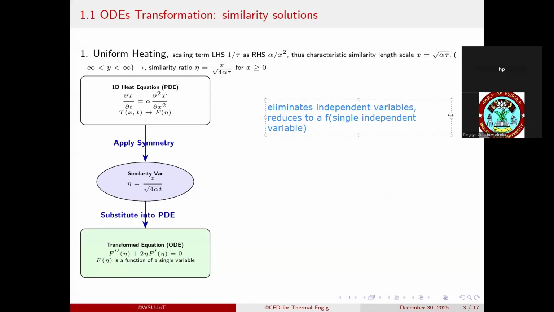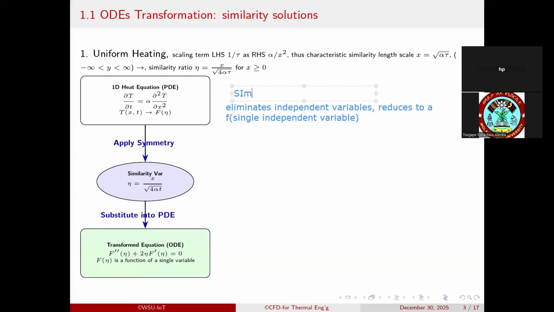The first problem type is one-dimensional transient thermal behavior of a long bar in the x-y coordinate system, where heat distribution through thickness is uniform and is governed by the heat diffusion equation. The similarity scaling involves transforming the left-hand side, 1 over tau, as a function of the right-hand side, alpha over x squared.